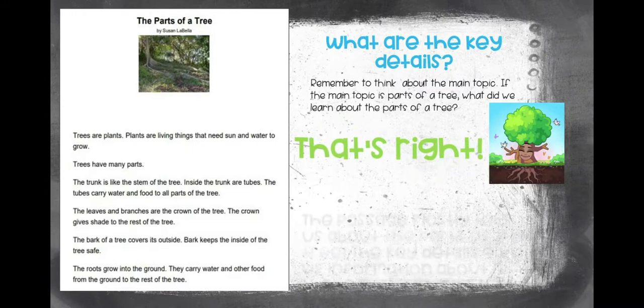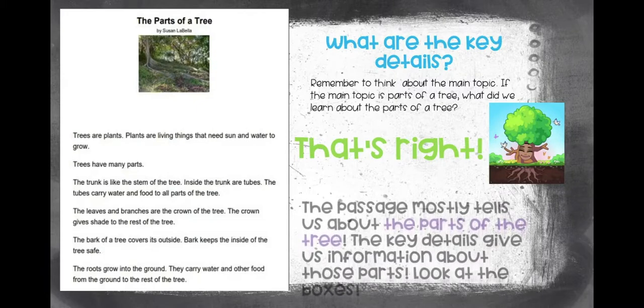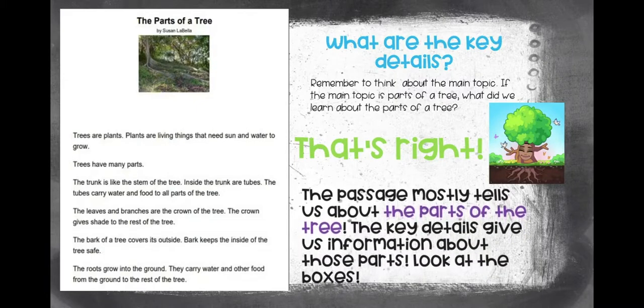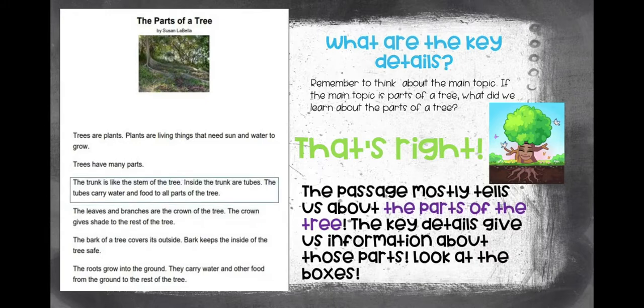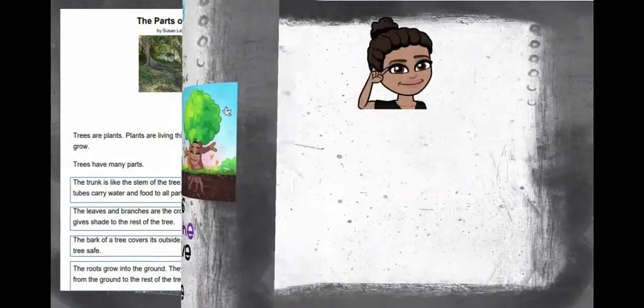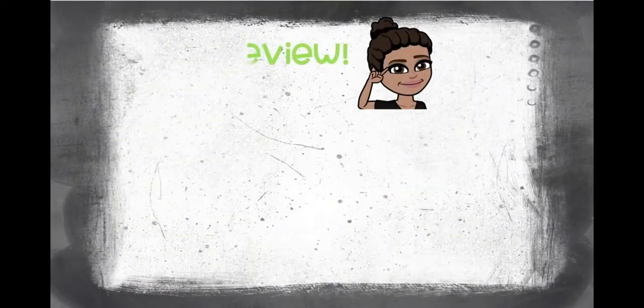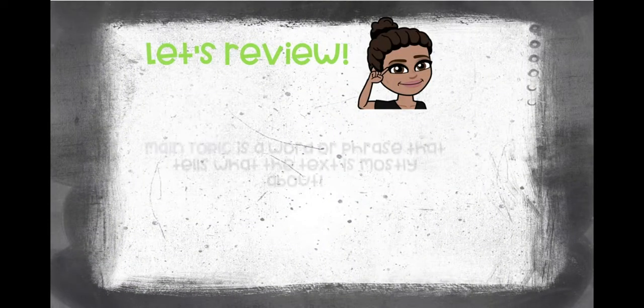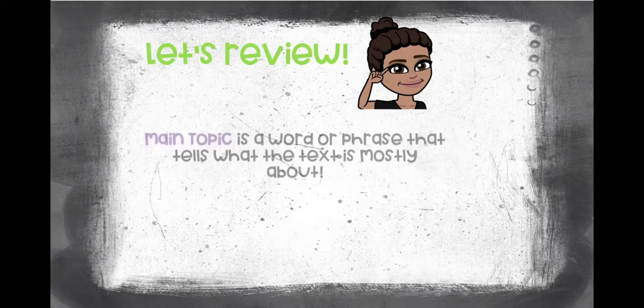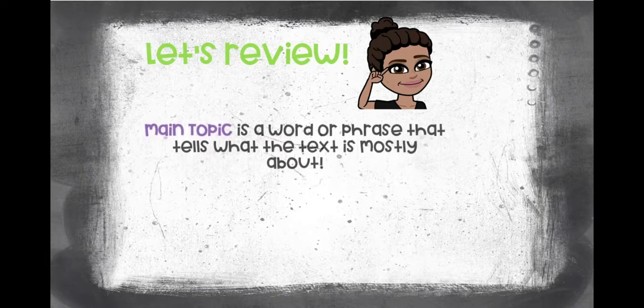If the main passage mostly tells us about the parts of the tree, the key details give us information about those parts. Look at the boxes. Let's review. The main topic is a word or phrase that tells what the text is mostly about.